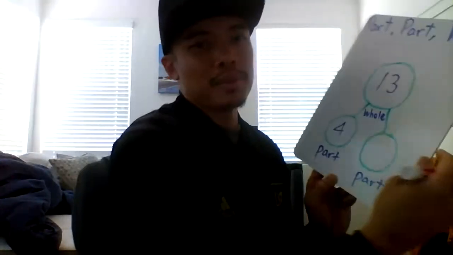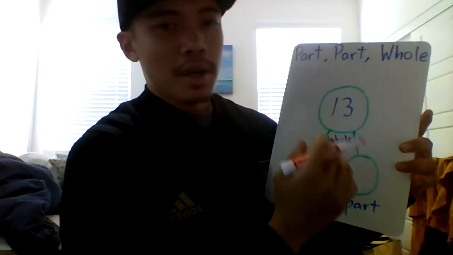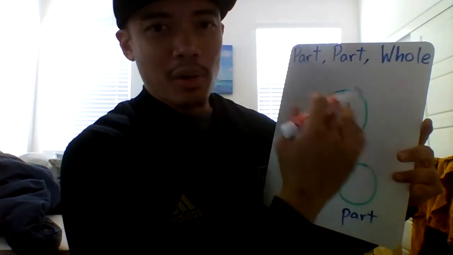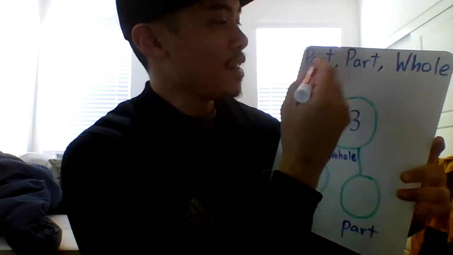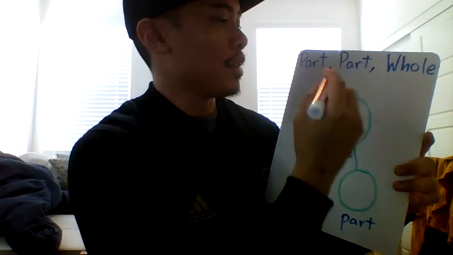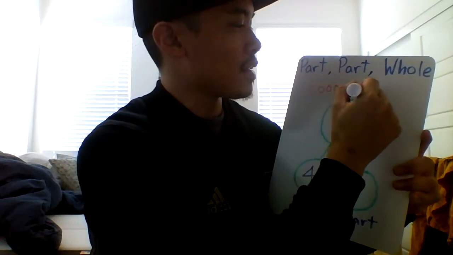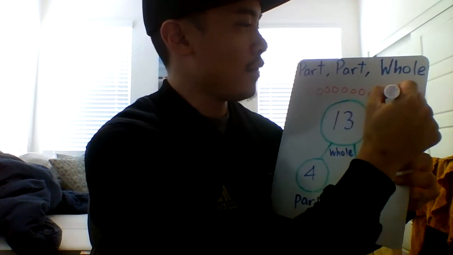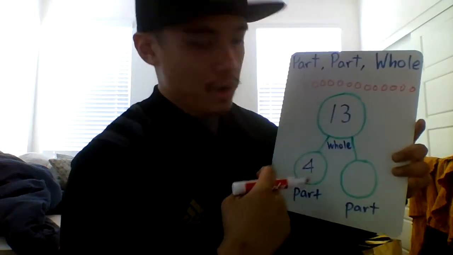The reason why I always make it look like a mountain is because I tell kids, imagine the whole number as how many people are on top of a mountain. Let's say there's 13 kids up on the top of the mountain. 1, 2, 3, 4, 5, 6, 7, 8, 9, 10, 11, 12, 13. And you already know one of the parts, which is 4.